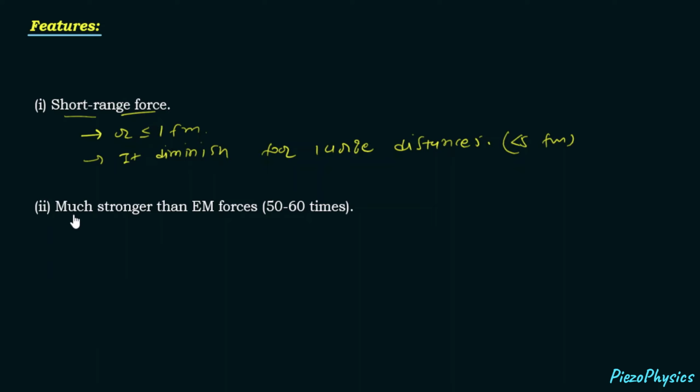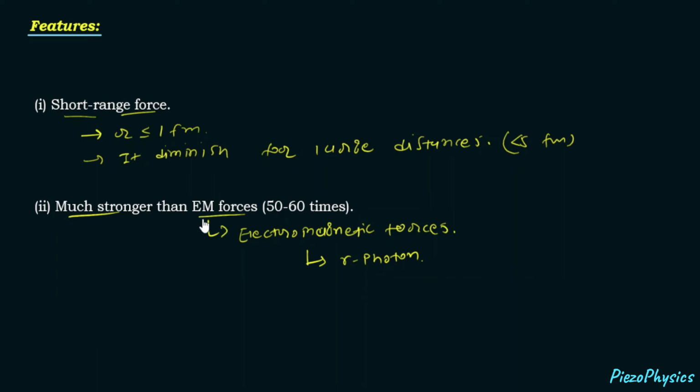Second point can be considered as it is much stronger than EM forces. EM forces are electromagnetic forces. Forces in which gamma photon is being produced are known as electromagnetic force.